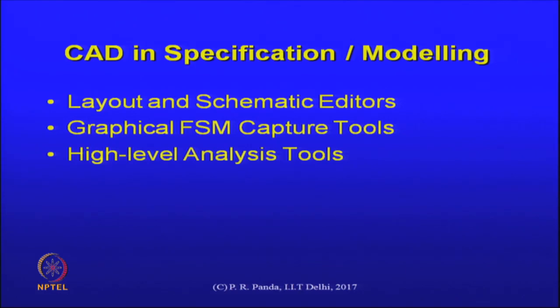That is part of the CAD that is involved there. Okay. A little higher level of abstraction, when it comes to finite state machines, you can think of tools to capture those finite state machines. You know what that representation looks like. How do you specify a finite state machine? In the form of a state diagram, or equivalently, what other ways are there of capturing a finite state machine?